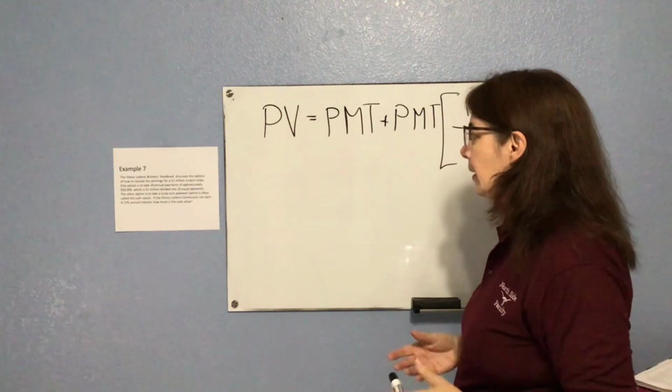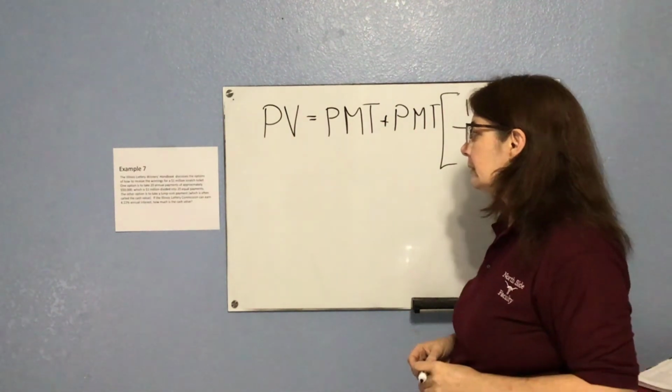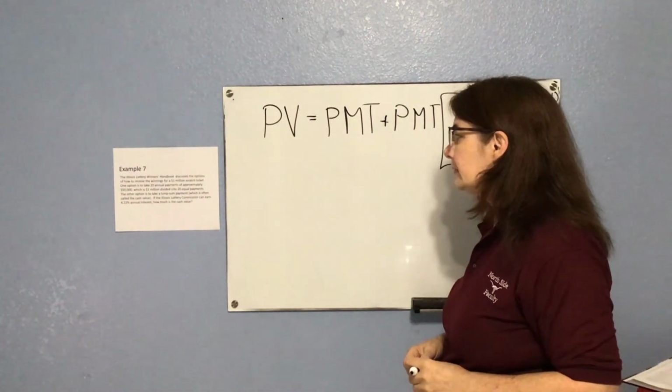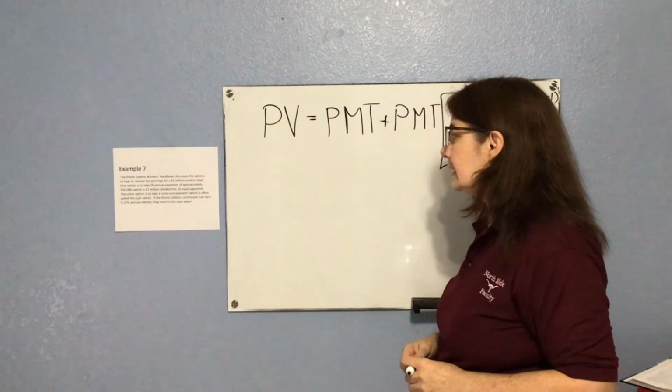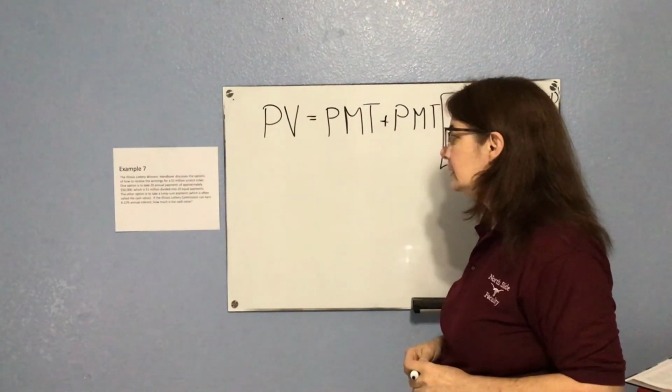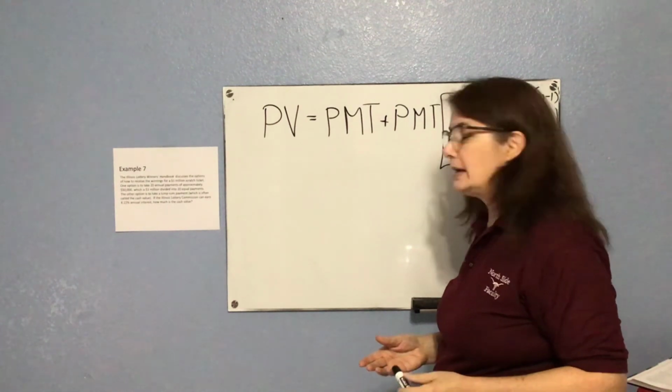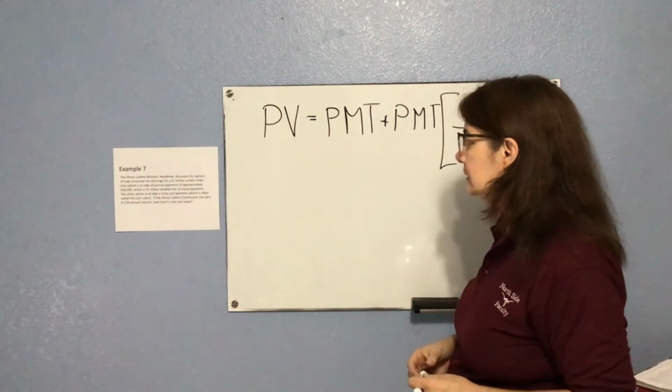Okay, and here's our problem. The Illinois Lottery Winners Handbook discusses the options of how to receive the winnings for a $1 million scratch ticket. One option is to take 20 annual payments of approximately $50,000, which is 1 million divided into 20 equal parts.